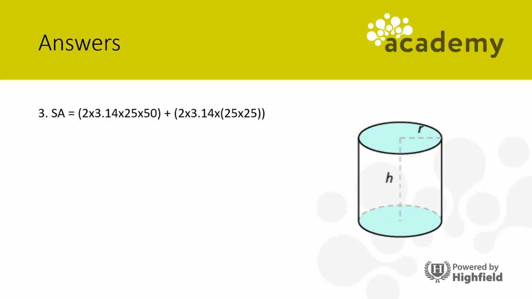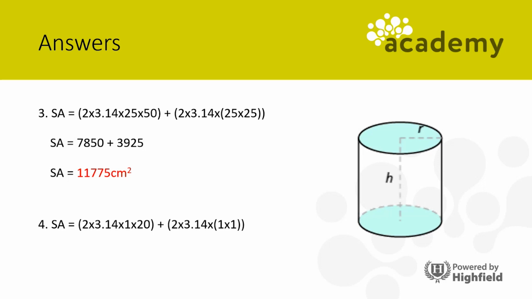In the third example, it's 2 times 3.14 times 25 times 50 plus 2 times 3.14 times 25 times 25, or 7,850 plus 3,925, which is 11,775 centimeters squared.